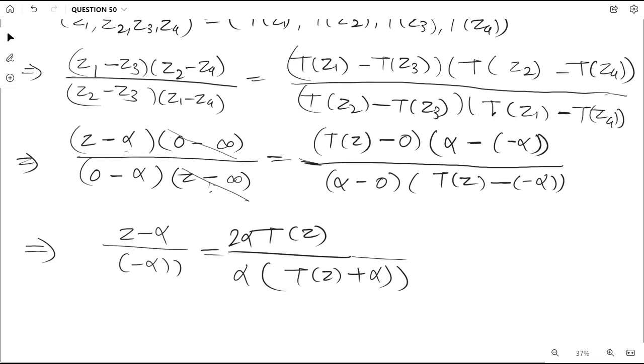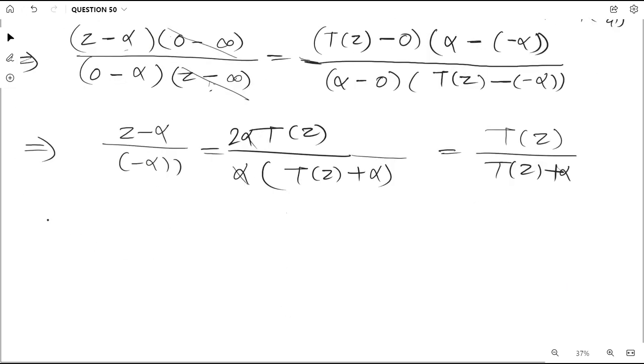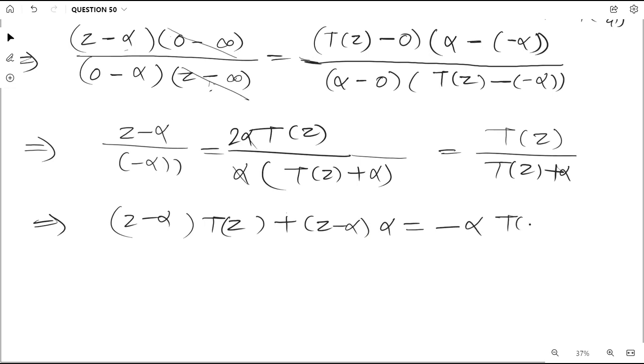So this alpha alpha will get cancelled, and here we are left with T of z upon T of z plus alpha. Let's solve this for T of z. This implies (z minus alpha) T of z plus (z minus alpha) into alpha is equal to minus alpha T of z.